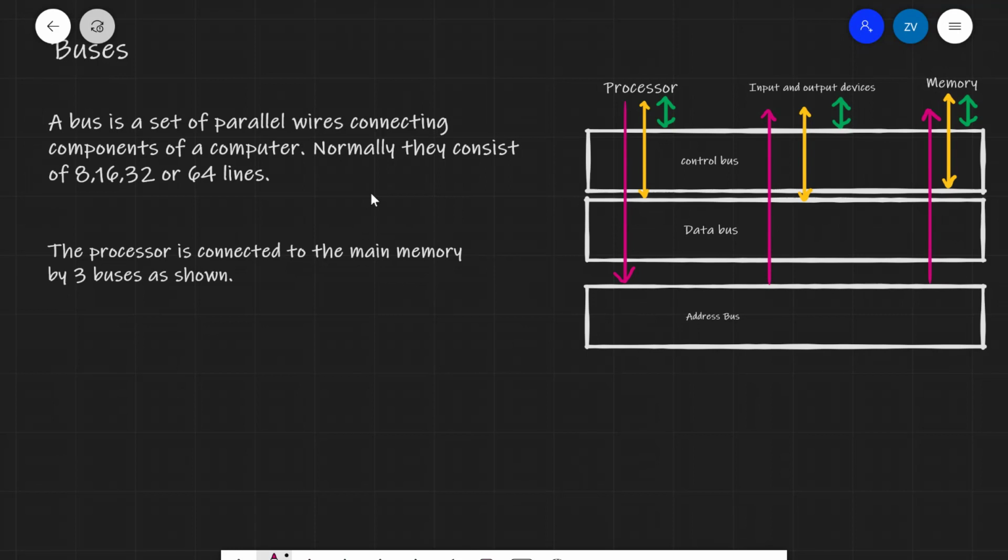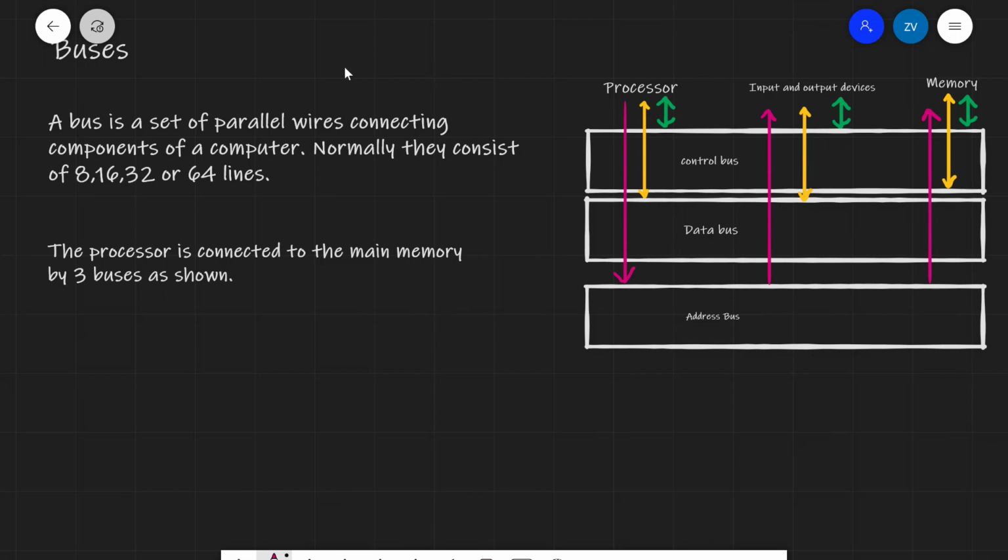Okay, now let's have a look at buses. What exactly is a bus? A bus is a set of parallel wires connecting two or more components of a computer. It typically consists of 8, 16, 32, or 64 lines. The processor is actually connected to the main memory by 3 separate buses, as shown in this figure just below.